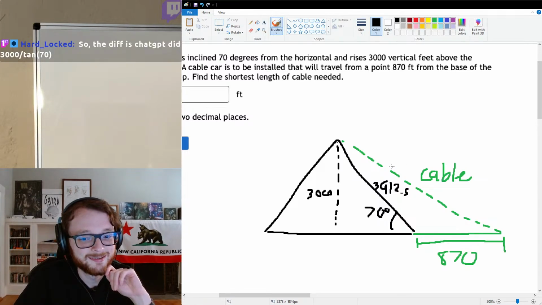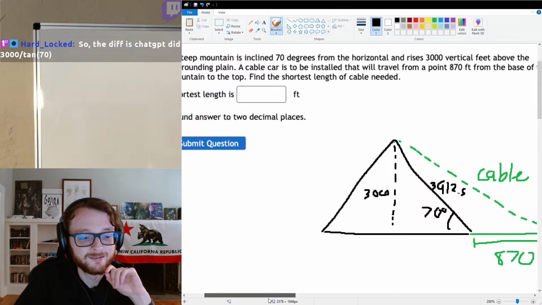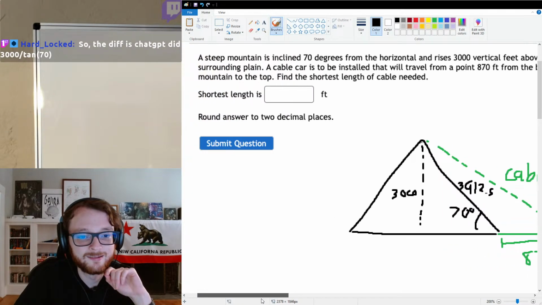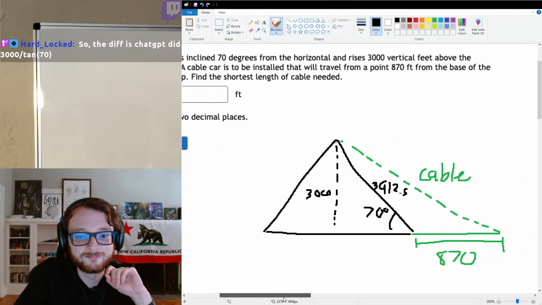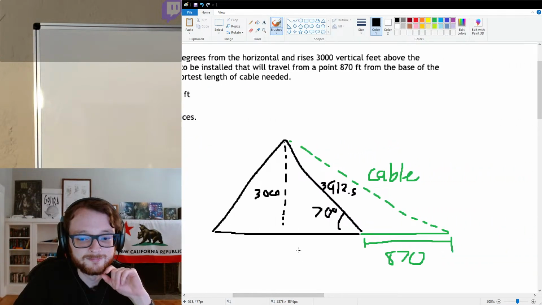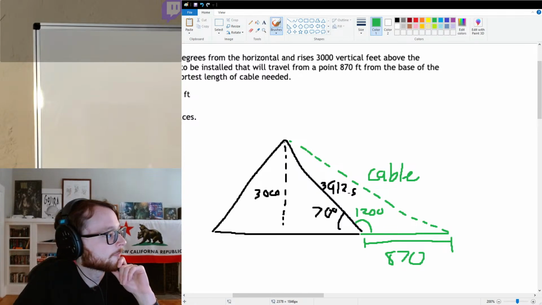Oh. That would get you, I think, the adjacent side down there. And then using geometry, this angle is 180 minus 70, which is 110. Now we can law of cosines this.